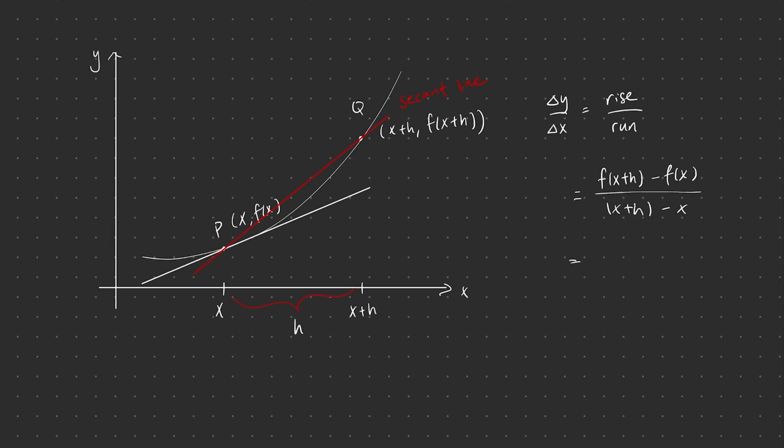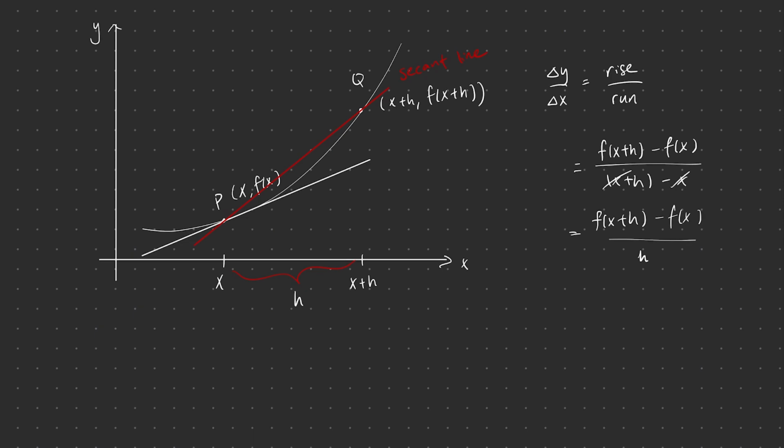If we simplify, this gives us f of x plus h minus f of x over h. Now this is the slope of our secant line, but we can see that this is still quite far from the tangent line at point P.